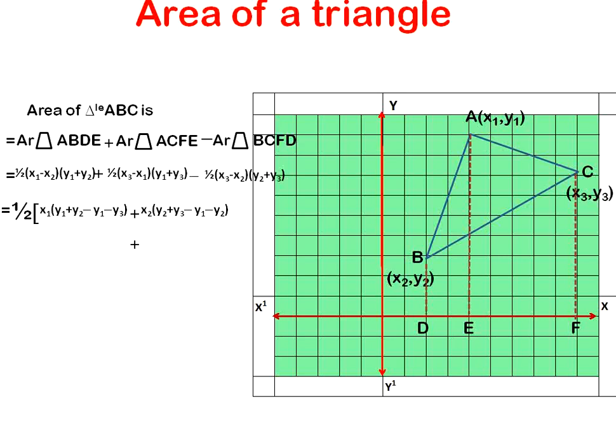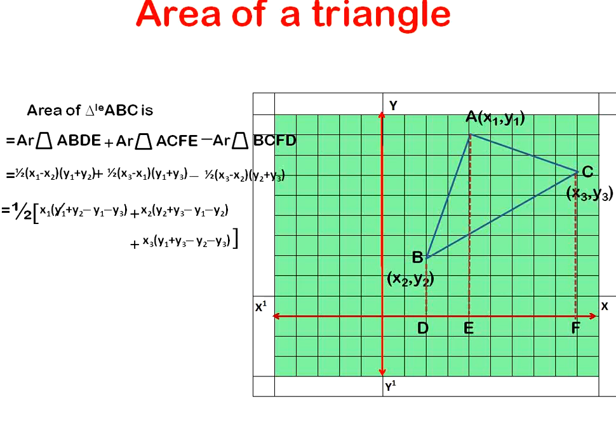Now I take x3 common: in the second one x3 into (y1 plus y3) as it is, and in the last bracket minus x3, so I write minus y2 minus y3, and close the bracket.